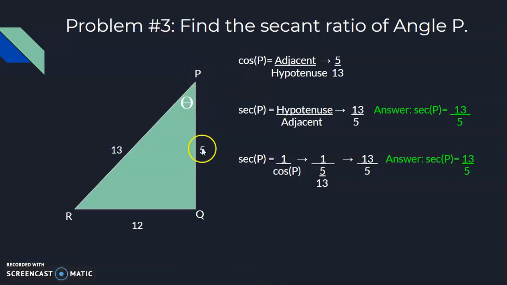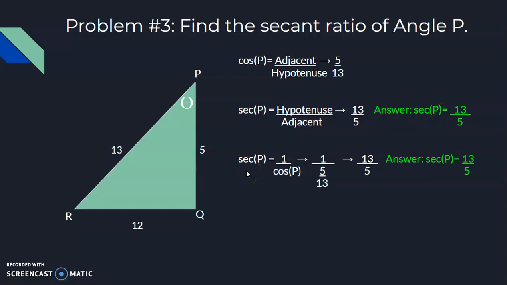So my adjacent is 5, my hypotenuse is 13, which got me 5 over 13 as my cosine ratio. But I'm not looking for the cosine ratio, so I have to use a secant ratio, which has two different functions. So the first one is secant P is equal to hypotenuse over adjacent. The hypotenuse is 13 because I can see it in this triangle right here, and the adjacent is 5. So that got me 13 over 5 as my secant ratio of angle P.